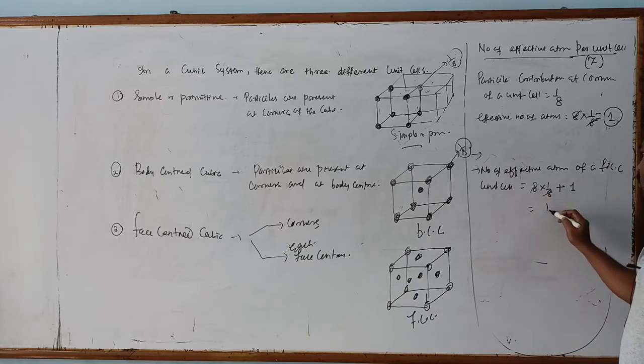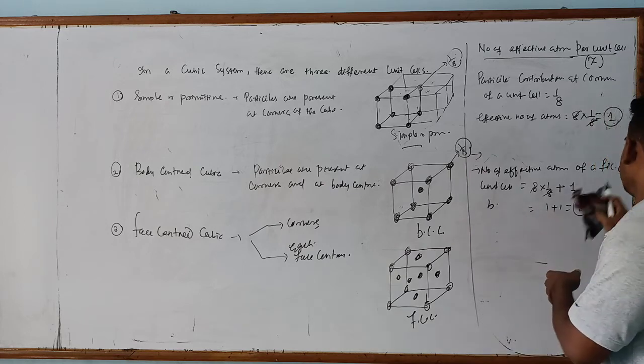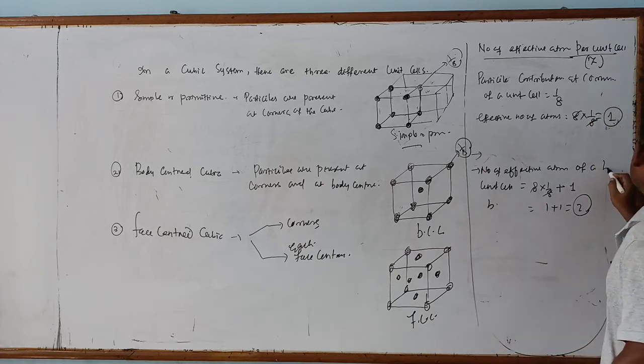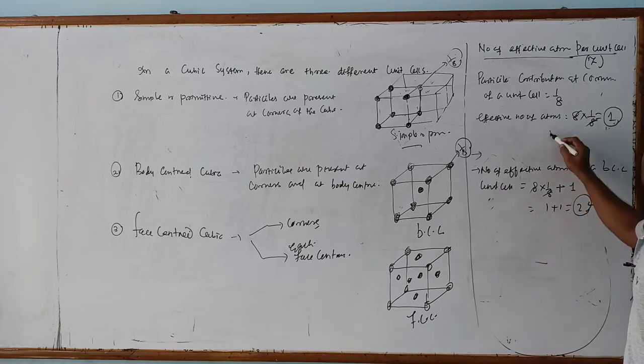So that will be 1 plus 1, equal to 2. Sorry, this one is not FCC, it is BCC. That will be 2. Clear? So here Z is equal to 1, here Z is equal to 2.